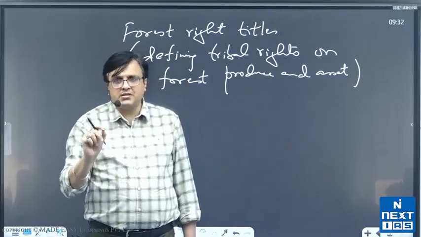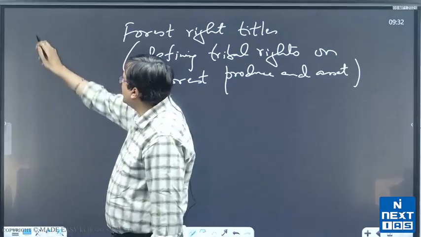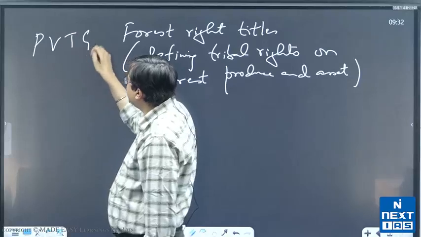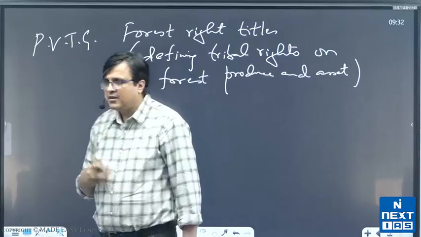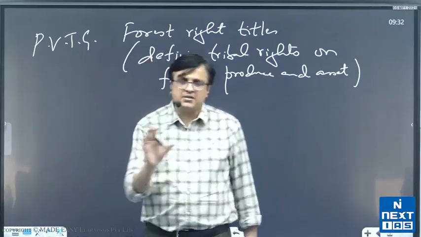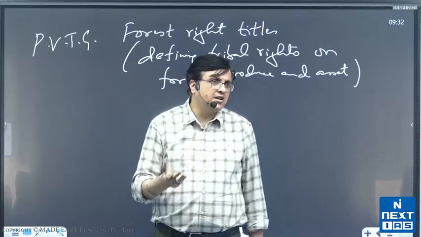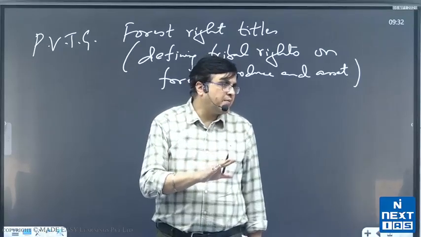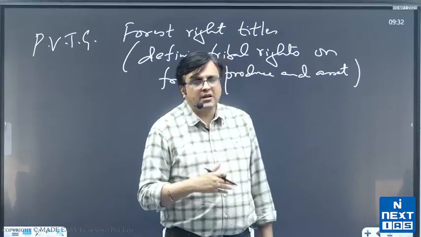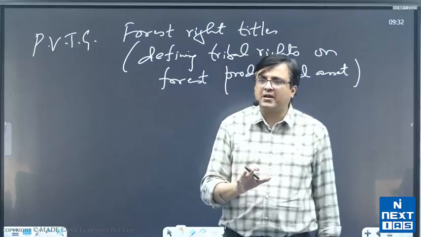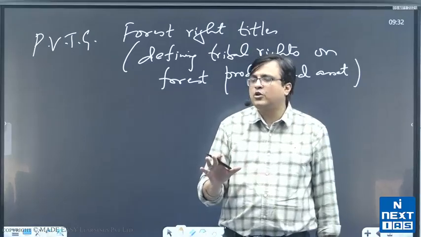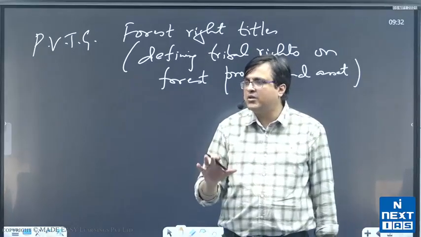This scheme is targeting the tribal groups which are called PVTG, particularly vulnerable tribal groups. All right, there are 74 particularly vulnerable tribal groups in India spread over 18 states and 1 union territory.